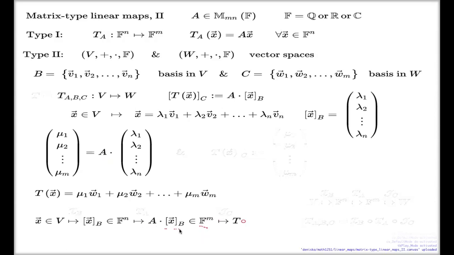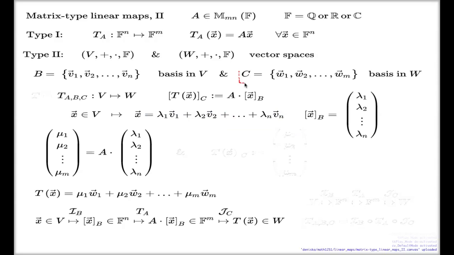And then this m tuple is used to reproduce a vector. On each individual stage, we have a name for that. This is the I sub B map from my previous slide. This is a T_A map from the type 1 case. And this is the J sub C, because it's a new basis, but still it's a map from my previous slide.